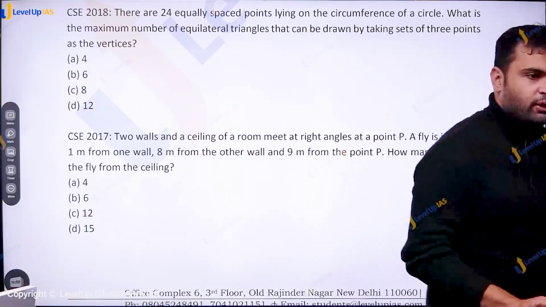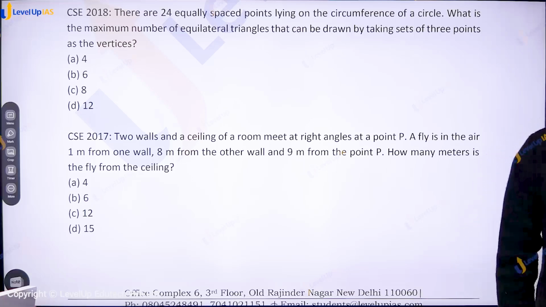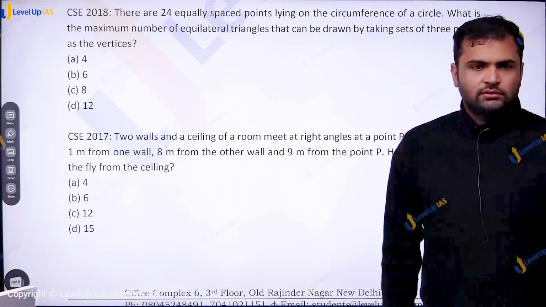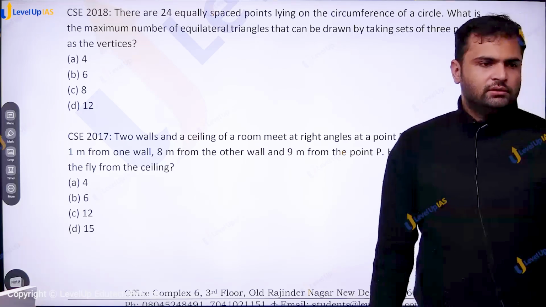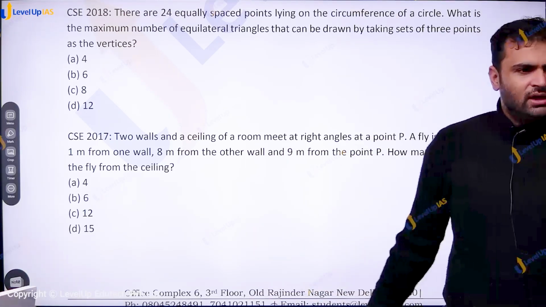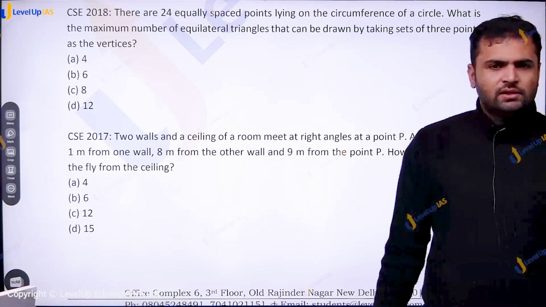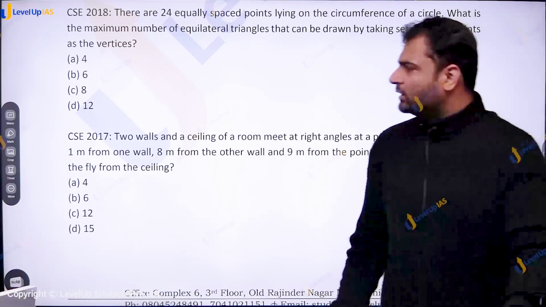Niranjan, you are still firm on 8. Isosceles. This is a circle we are talking about. Isosceles could give a different answer, but this is equilateral, which means all sides are equal. That's what we are talking about.